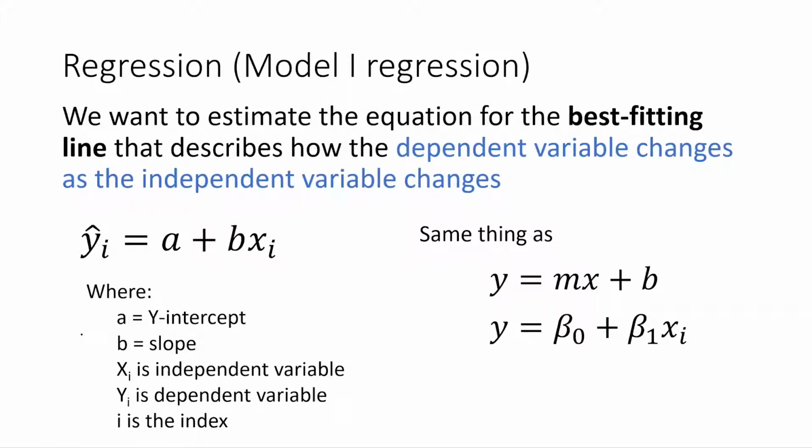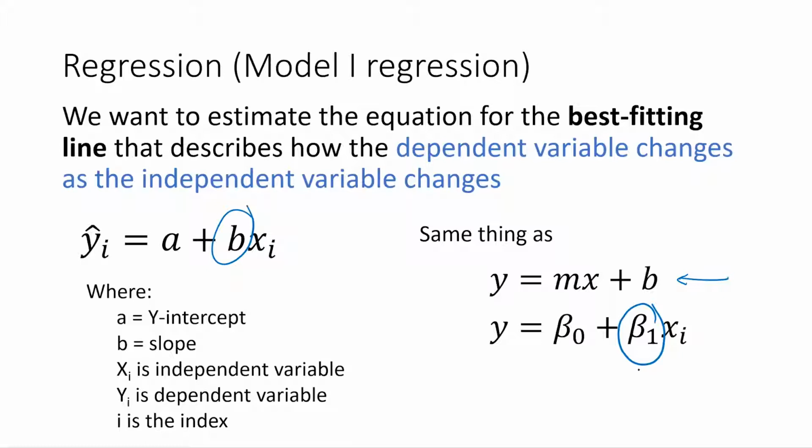I believe that in our markdown, I refer to this y equals mx plus b equation. But when you see the hypotheses written, I'm referring to this beta 1 or b. So just a note there. When I'm talking about the slope, I'll be referring to it as b or beta 1.